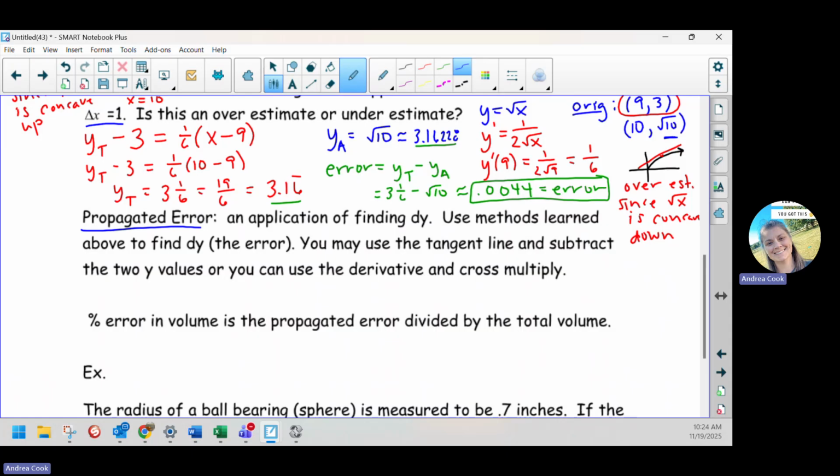So I'm going to show you both ways in one of our examples. We kind of talked about it a little bit yesterday, but propagated error is basically saying we're going to use dy since the tangent line is so close to the original.